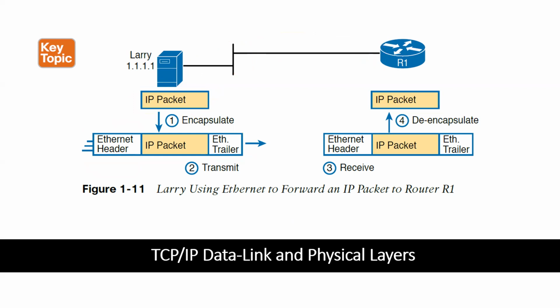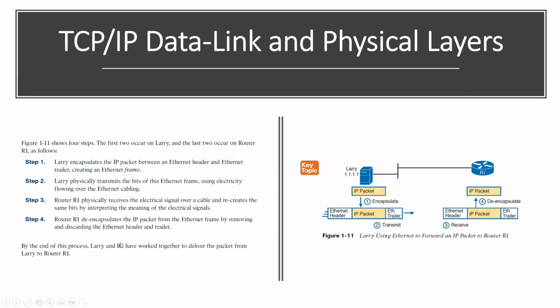And remember, guys, earlier I talked about encapsulation and de-encapsulation. This just explains what happens in that infograph I told you about. Let's read it step by step. Step 1, if we're looking at Larry, AKA Mo, Larry encapsulates the IP packet between an Ethernet header and Ethernet trailer, creating an Ethernet frame.